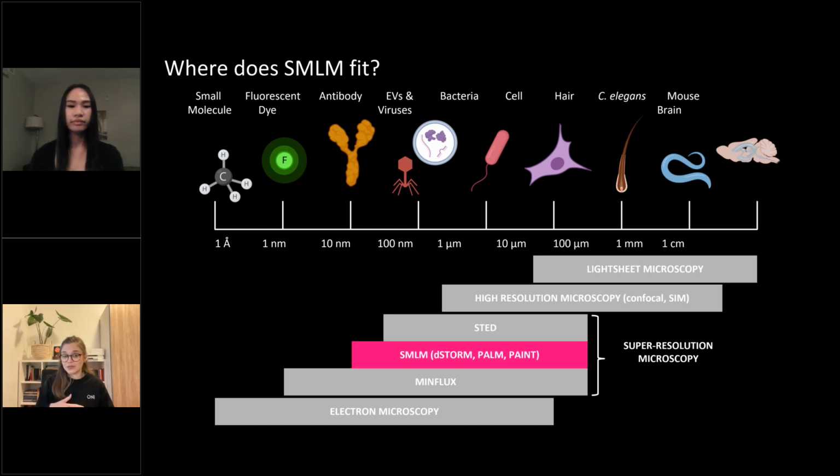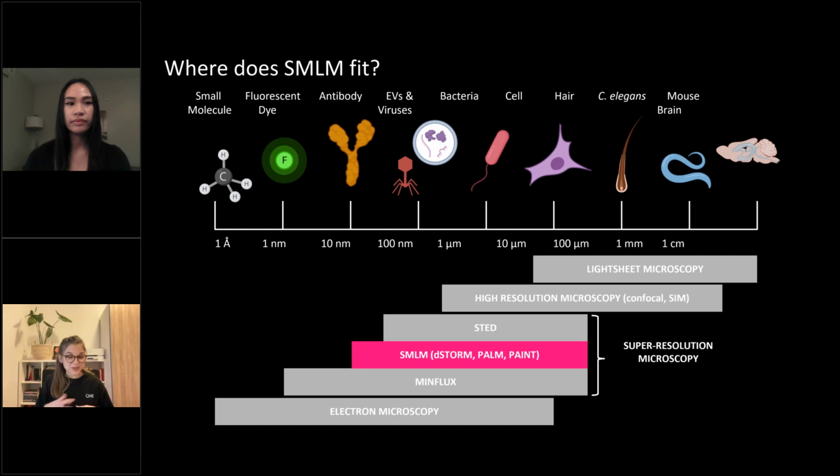In this category, we find techniques such as STED. We find single molecule localization microscopy, or SMLM, and we find novel advanced microscopy techniques such as MINFLUX. And if we go a step lower, we also have, for comparison, electron microscopy, which is of course not based on light, but on electrons to perform your imaging.